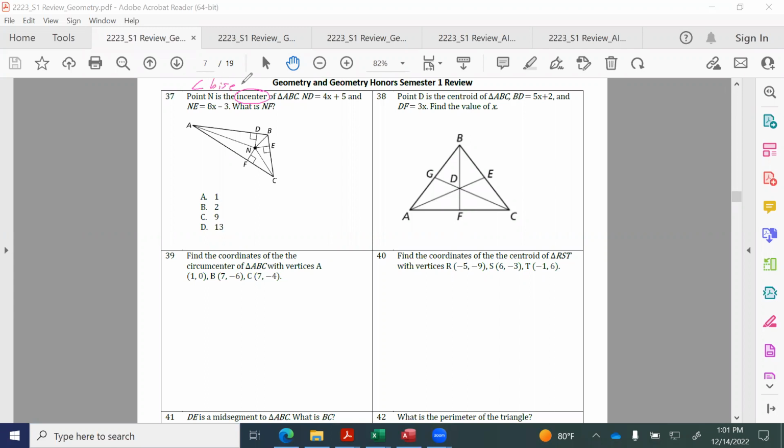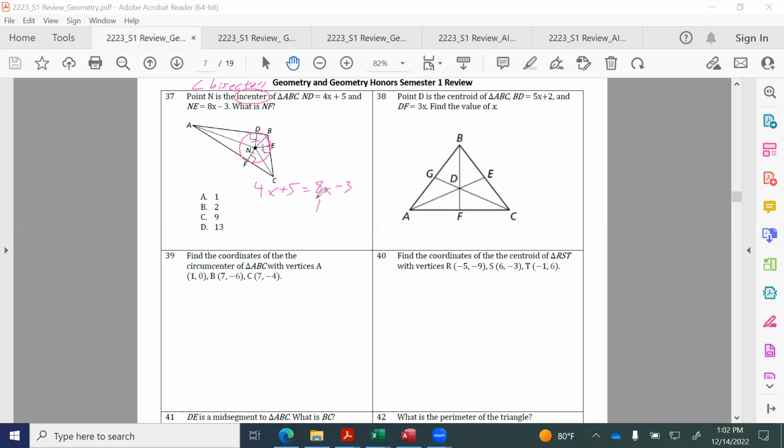They told us ND, this piece here, is 4x plus 5, and NE is 8x minus 3. What is the length of NF? Well, if this is our in-center, it's also the center of our inscribed circle, so all three of those lines are the same length. So set those two equal that they gave us and solve.